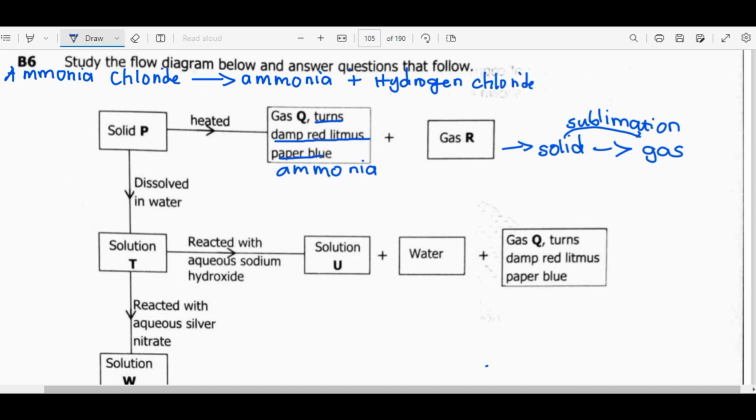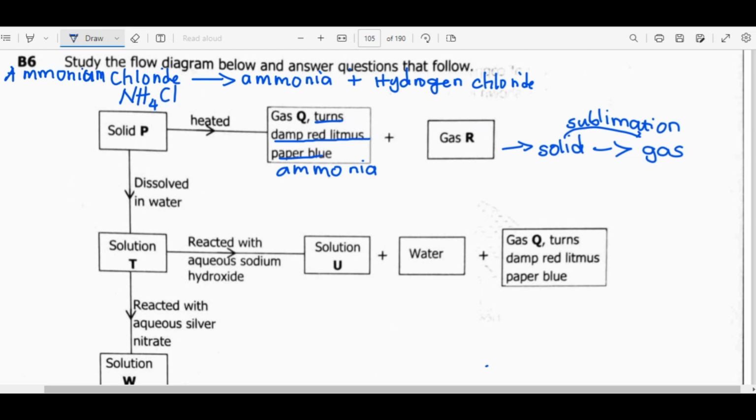Then to write our chemical equation, ammonium has the chemical symbol NH4, then chloride we have Cl.